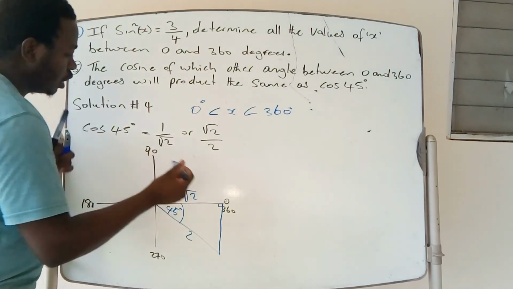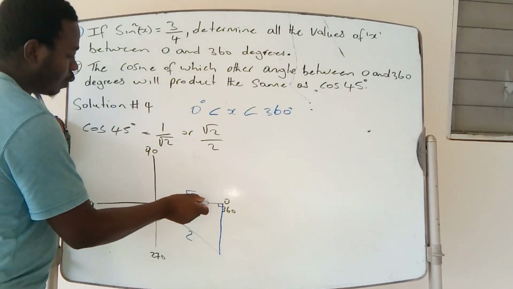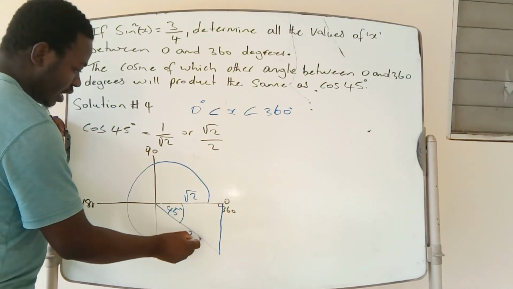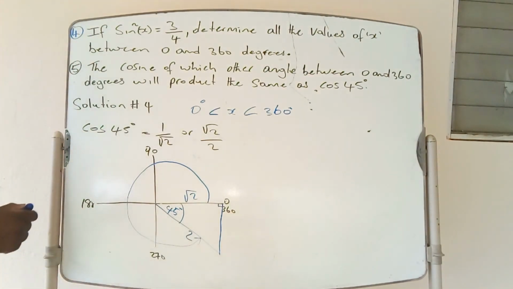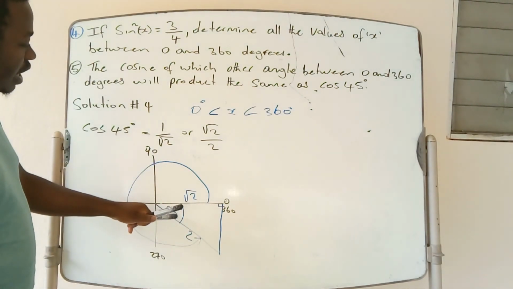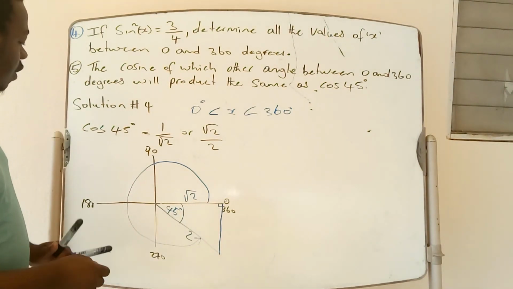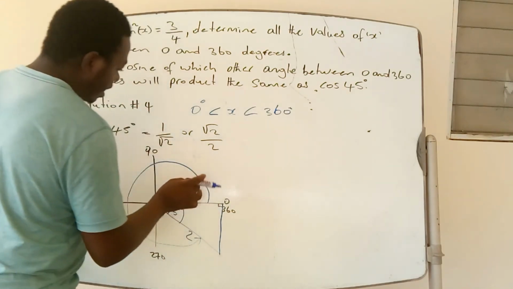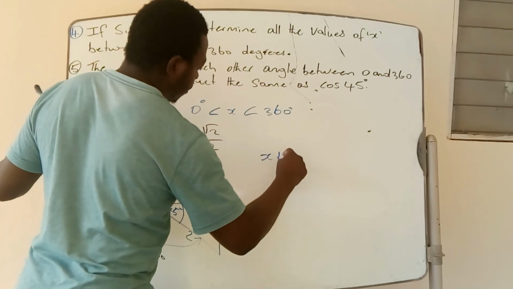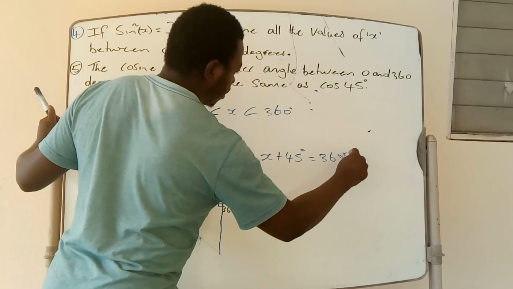Now, I need to determine the other value of x that falls between this range. So all you need to do is to just measure from the initial line in an anti-clockwise direction, all the way around to this line, which is that angle there. So we know that this angle here plus 45 must equal 360 degrees. Let's say that all of this angle here, this loop here, is just x. So x plus 45 degrees must equal 360 degrees.